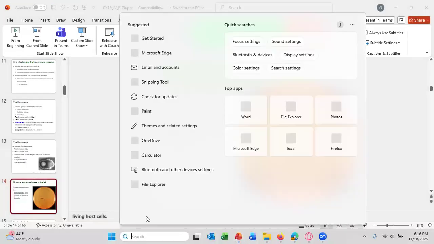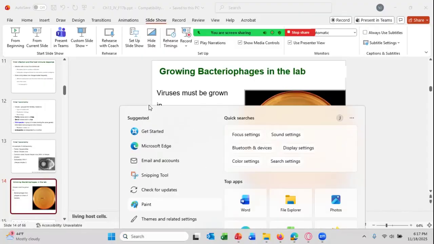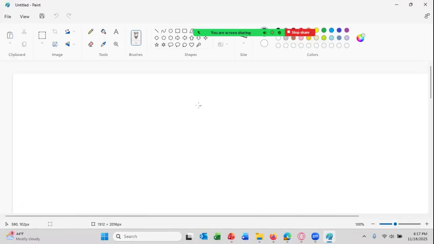But for the smaller plaques, the virus went down near the cell. So here's our virus, and then here's a cell nearby, and the two didn't touch.